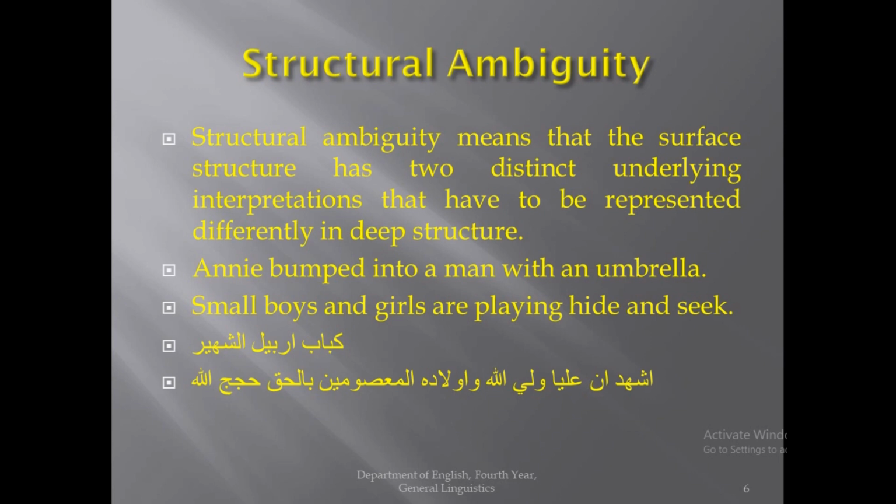Now this "with an umbrella" has two meanings. It could be Anne bumped the man with an umbrella, which means Anne used the umbrella to bump the man, or Anne bumped the man who has an umbrella.